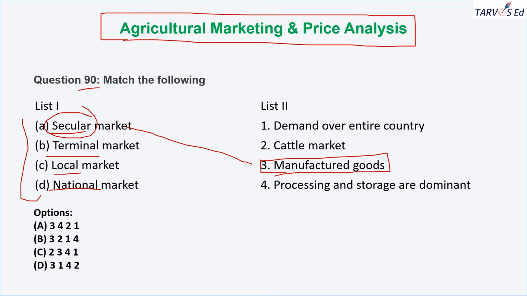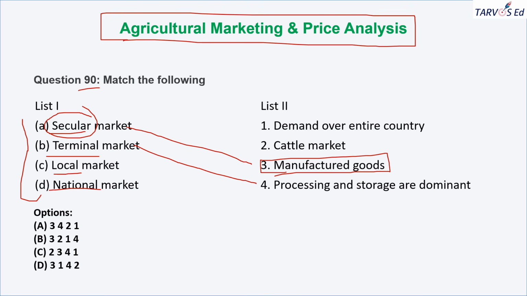And terminal market is nothing but the market for end commodity. So end commodity, where we will be handing over the goods to the processor or the final consumer or exporters. So after the terminal market it will go for processing or storage. So processing and storage will be dominant in the terminal market.